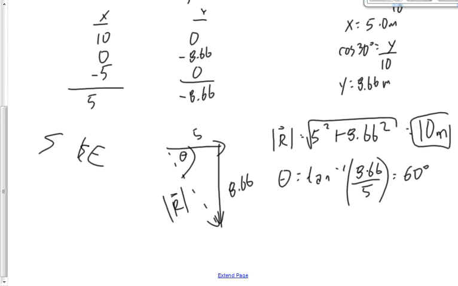I'm measuring the angle from that dotted line, which is not an axis, and that solid line that's 5 meters, which is an axis. Which axis am I measuring from? The south axis or the east axis? The east axis. So it's going to be south of east, or is it going to be east of south? South of east, or south from east. Does that make sense?